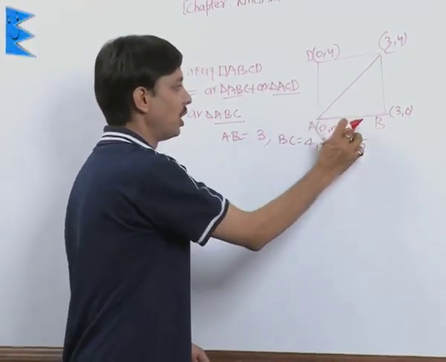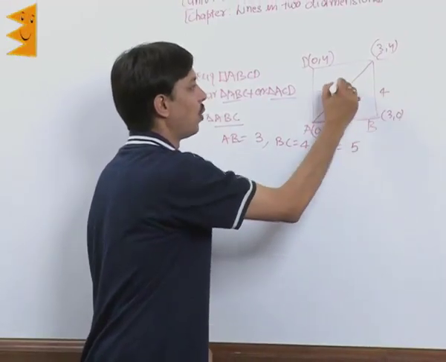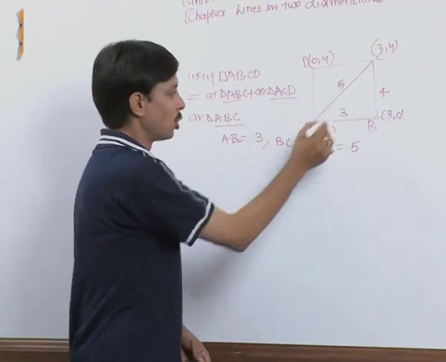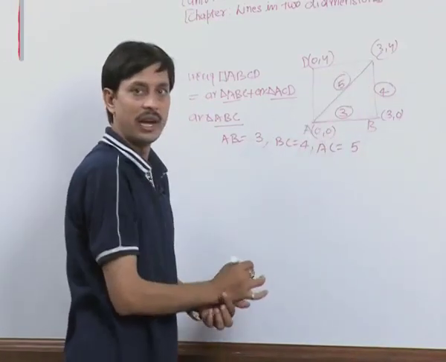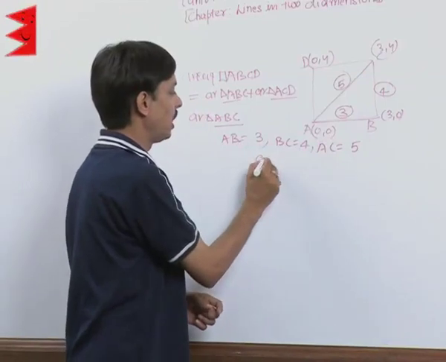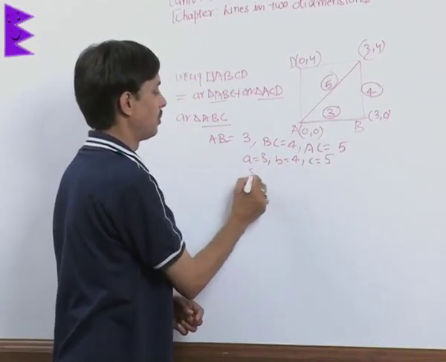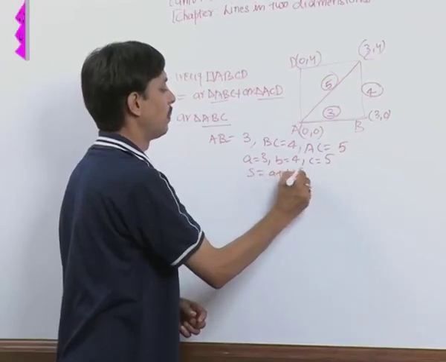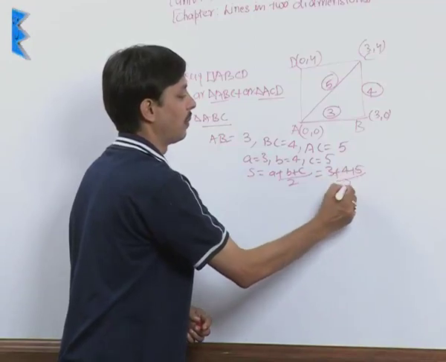So using the distance formula, we have obtained the lengths of the sides. If we say a is 3, b is 4, c is 5, then s is equal to (a plus b plus c) upon 2, that is, (3 plus 4 plus 5) upon 2.